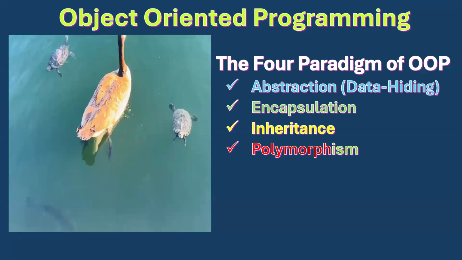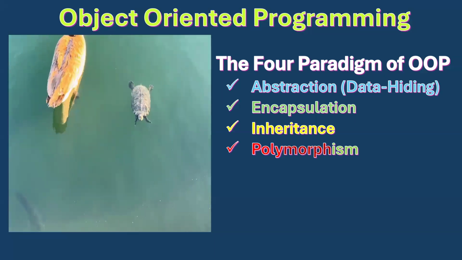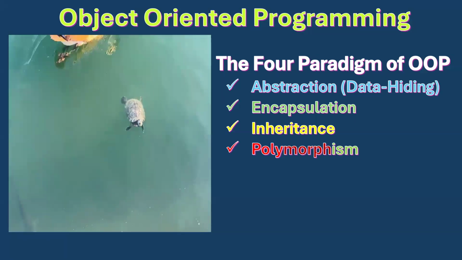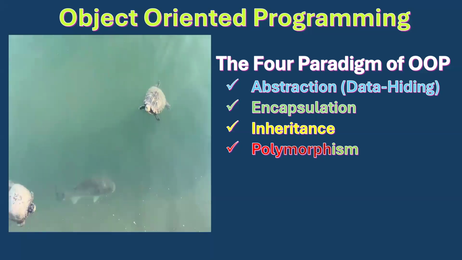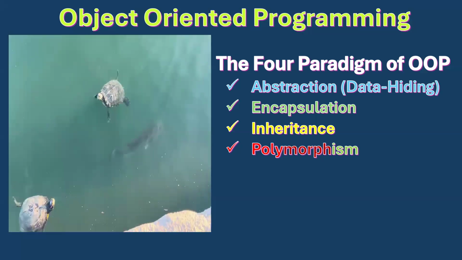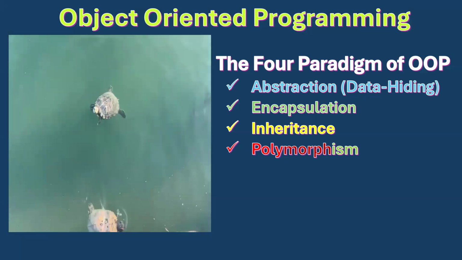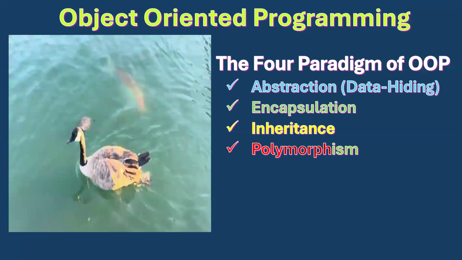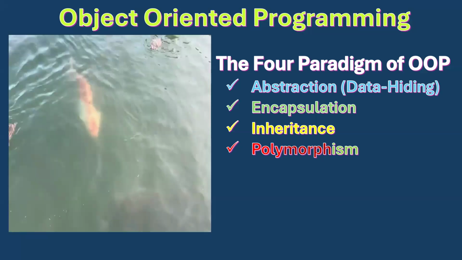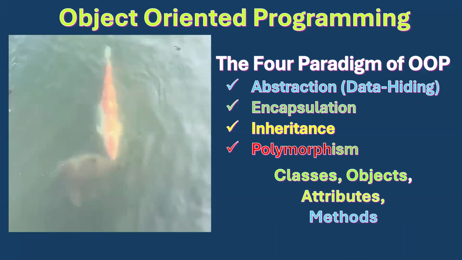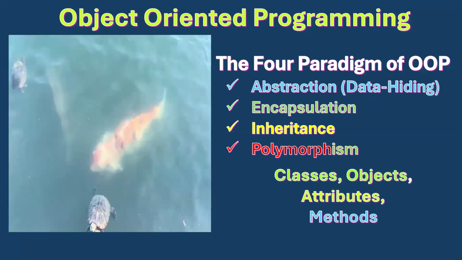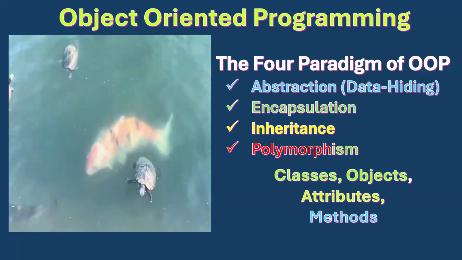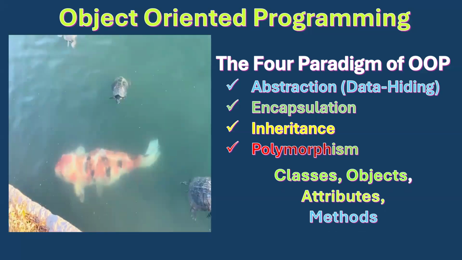And then also polymorphism, as I mentioned. For example, the turtle could have different forms at different times, depending on what it wants to do. Same thing with duck, same thing with fish. Every object most likely can take many forms and do something at different times. Even human beings: sometimes we're happy, sometimes we're sad.